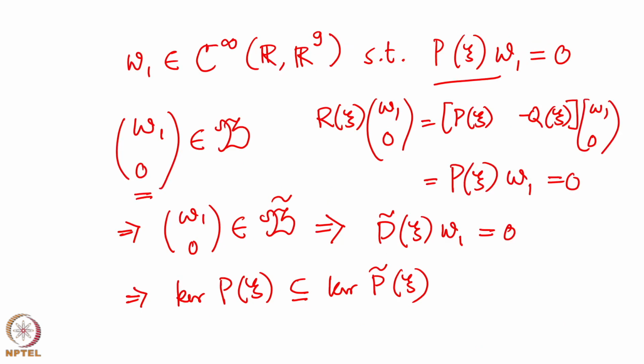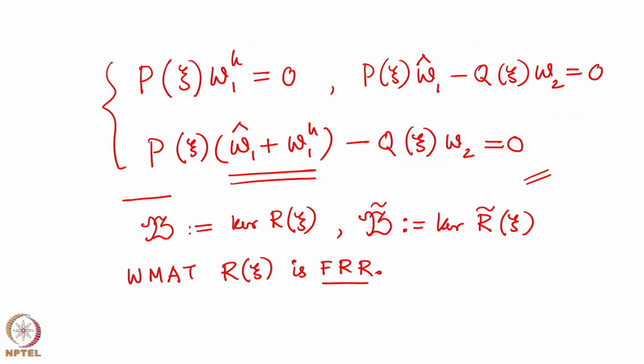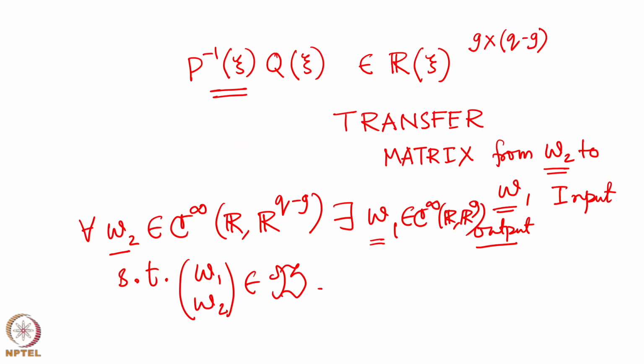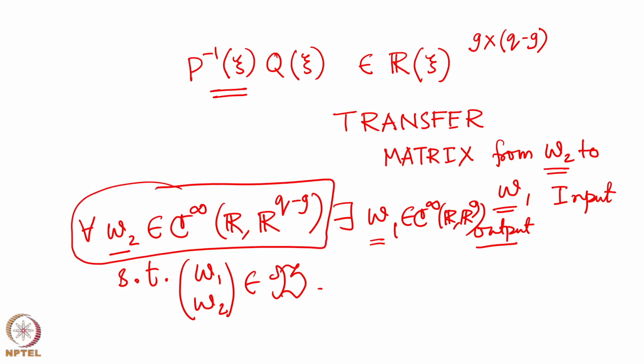What did we notice earlier? We noticed that when we do this partitioning, for every W2 in C infinity, there is at least one W1.